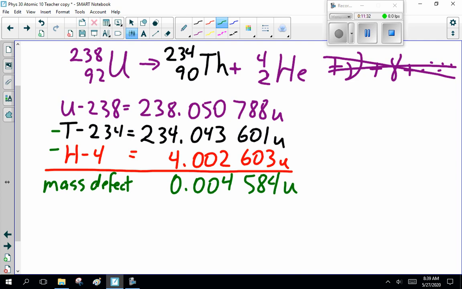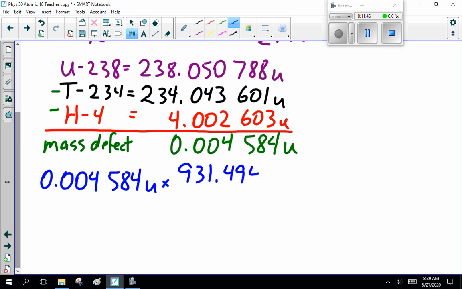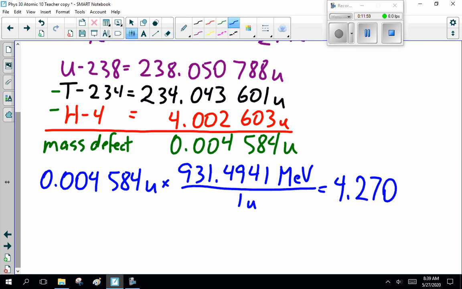Okay? Now, converting that to mega electron volts, 0.004584 units, 931.4941 mega electron volts per 1 unit gives me 4.270 mega electron volts.